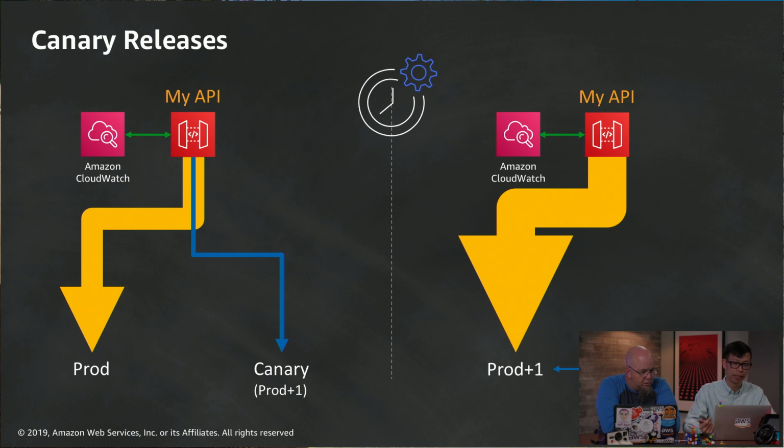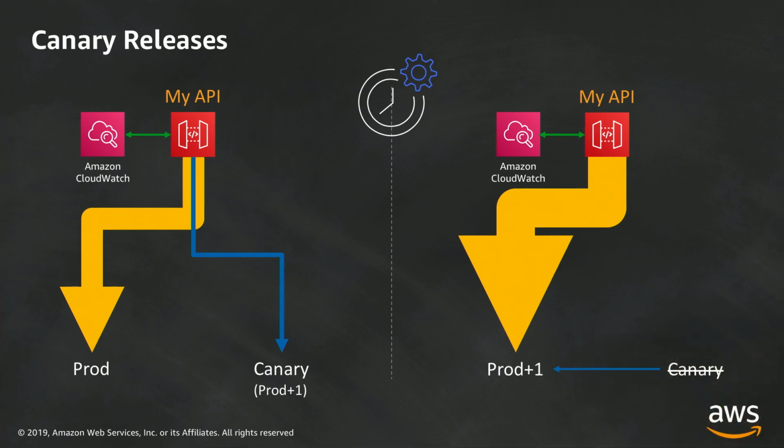In this diagram here, the prod version is the current version. Canary +1 is the version we're adding authorization on. So I'm going to set up my Canary release. On my Canary, I want maybe just 2% of the requests. Just start small to keep my blast radius small. So if it's a catastrophic change, then I'm only affecting 2% of the requests. And then 98% just continue into prod.